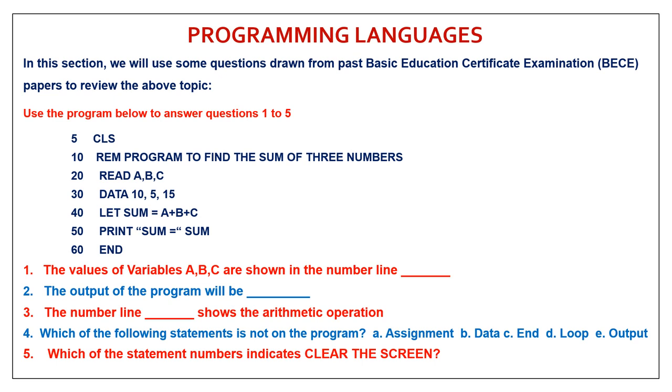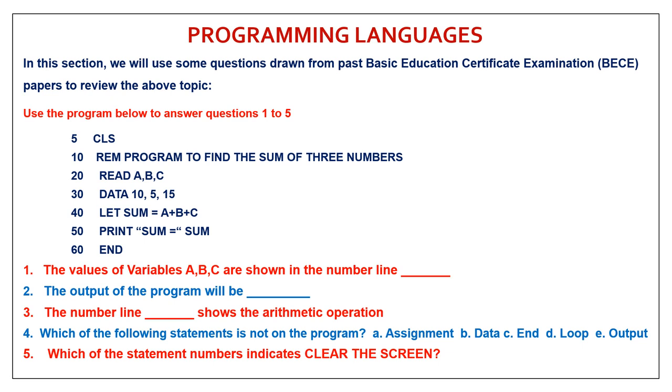Now, I want you to observe that in writing this BASIC program segment, you can use any line number of your choice. You are not restricted to line numbers 5, 10, 20. You can use 2, 4, 6. You can use 3, 6, 9. You can use 1, 2, 3, 4. You can use 15, 17, 19. Just program lines of your choice.